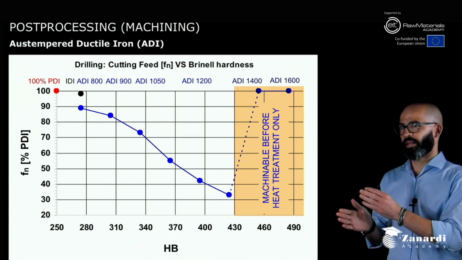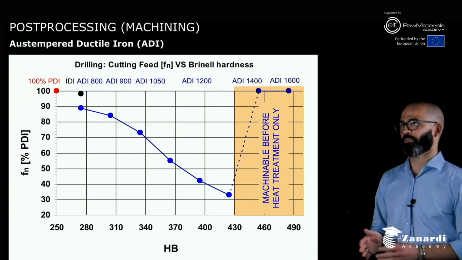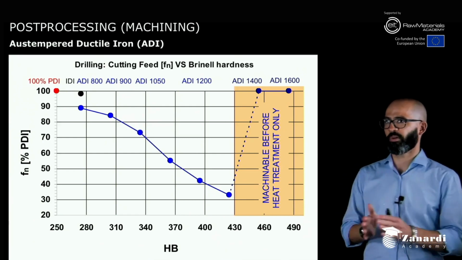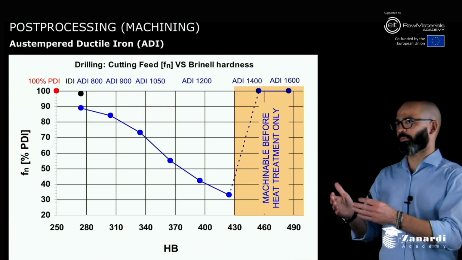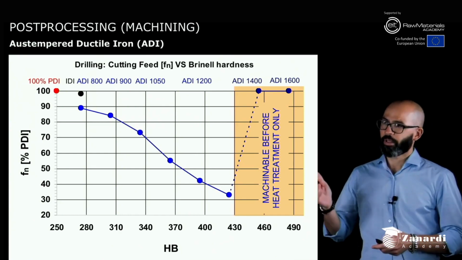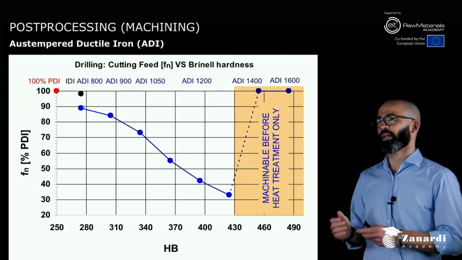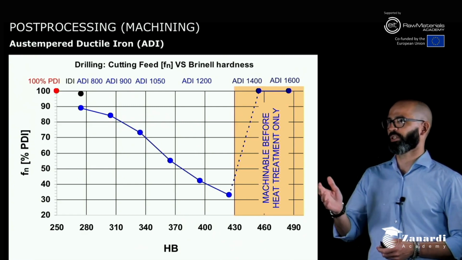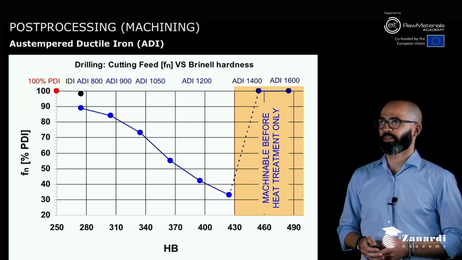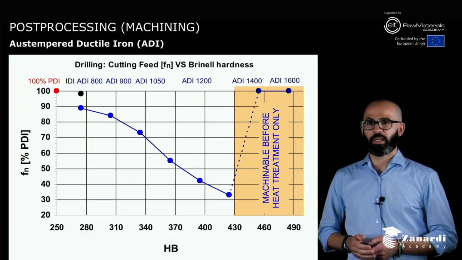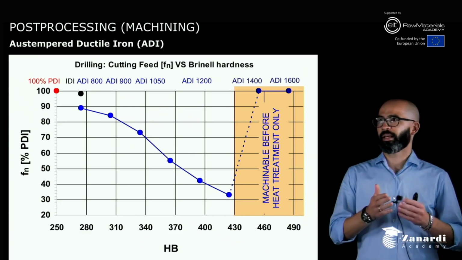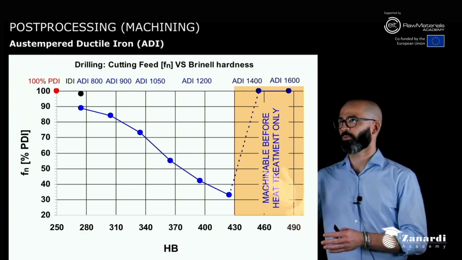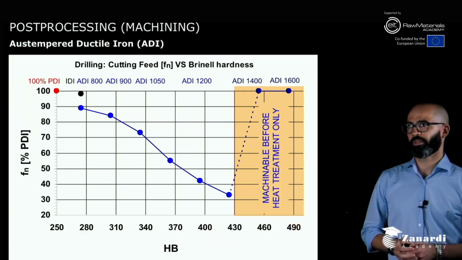If the level of hardness increases, especially for ADI, as you increase the grade of ADI, the hardness increases, and that parameter, in this case cutting feed, decreases constantly according to the level of hardness. For example, if you want to machine ADI 800 and make drilling, in this case, the cutting feed is 90% with respect to the cutting feed you use for Perlitic ductile iron material.